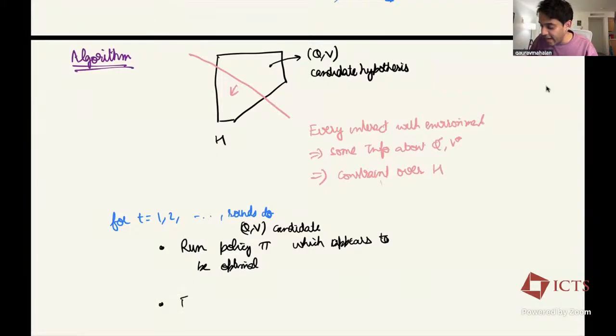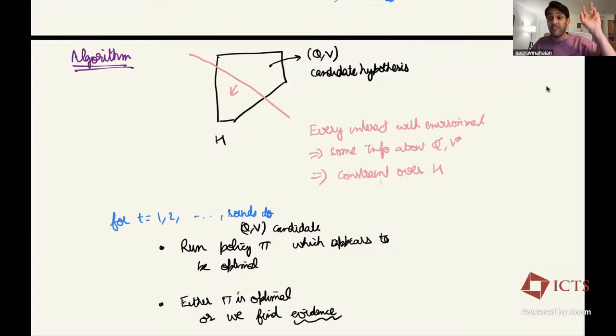And then either I got lucky and pi is optimal, or I gain experience, or I find evidence, in some sense a certificate, of suboptimality of pi.